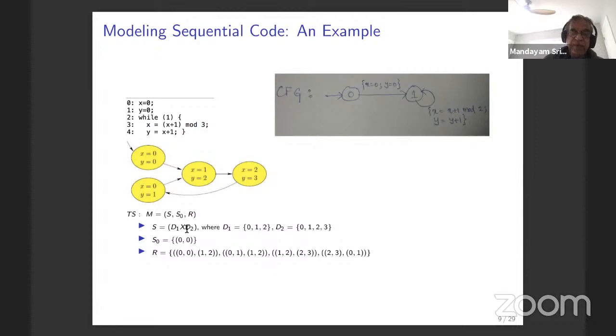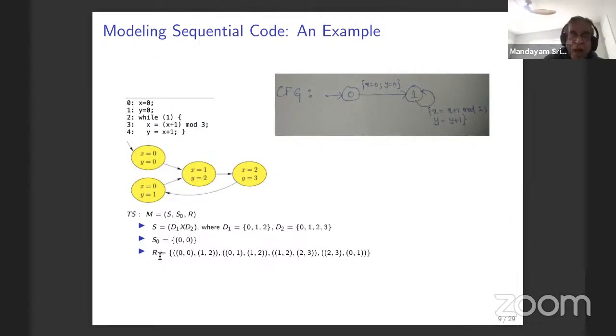D2 is the domain over which Y ranges, and here D1 takes values 0, 1, and 2, whereas Y can go from 0 to 3. The initial state is captured by this tuple 0, 0. Since there are two variables, I'm using a tuple, correct?